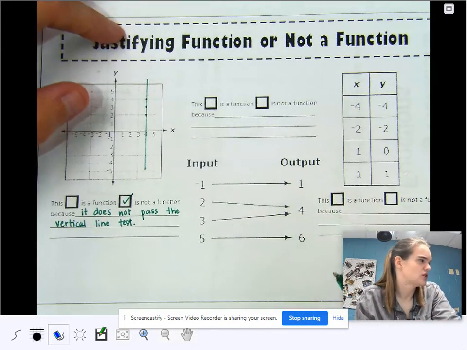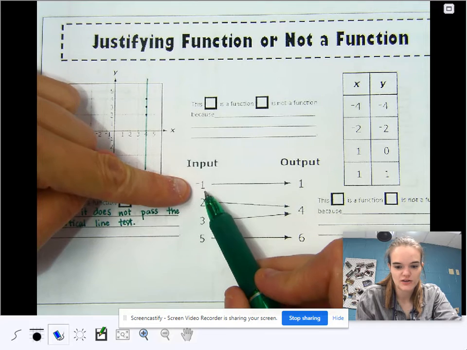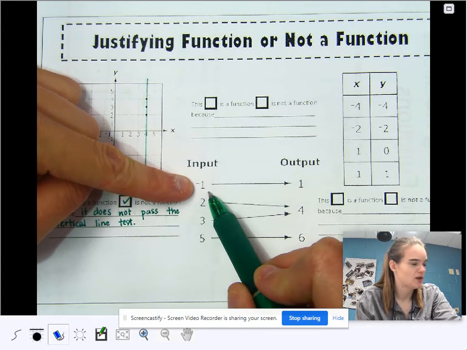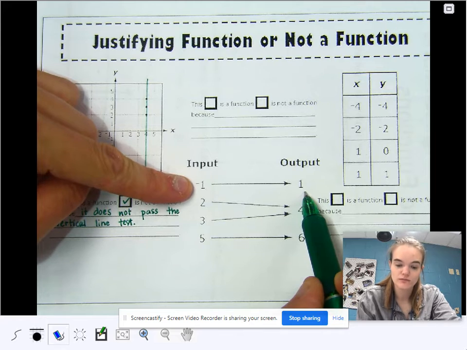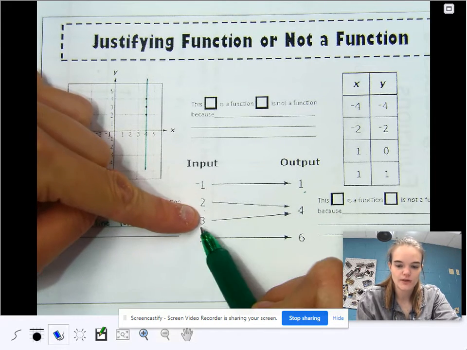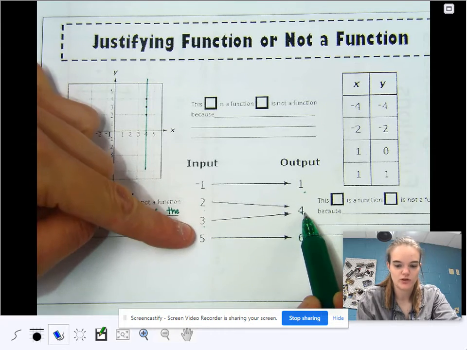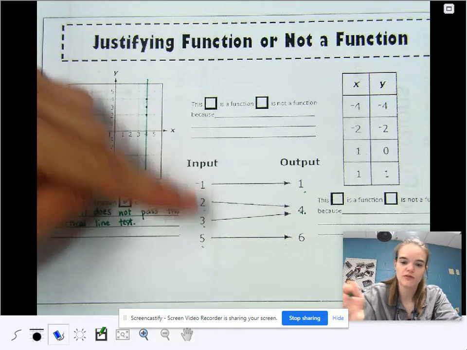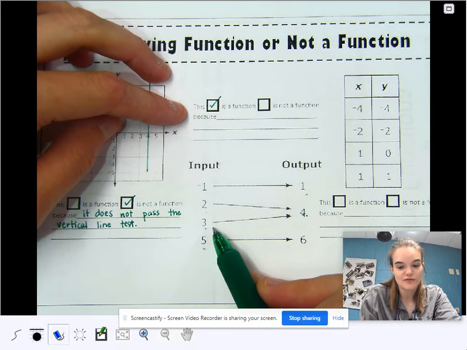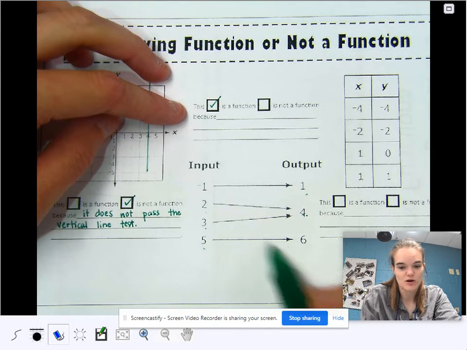Is this a function or not? Does every input go to exactly one output? -1 goes to one place. Good. 2 goes to one place. Good. 3 goes to one place. Good. 5 goes to one place. This is a function. It would not be a function if 3 had 2 arrows coming off of it.